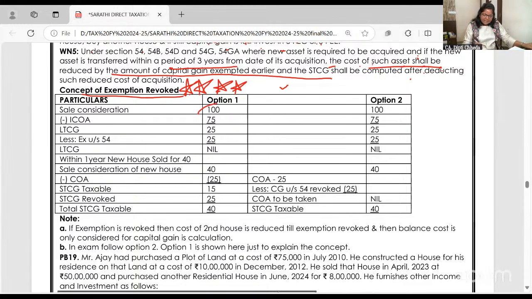What is the sale consideration? 100. Index cost 75, so 25. I invested in the new house 25 and claimed section 54 exemption. Exemption under section 54 I claimed by investing in the new house.